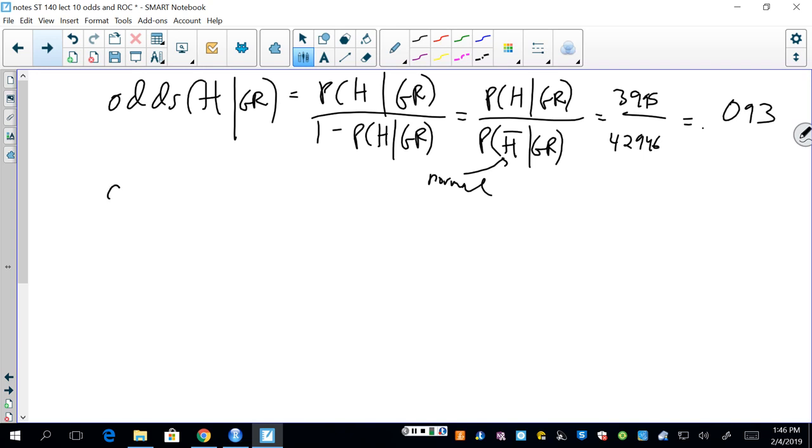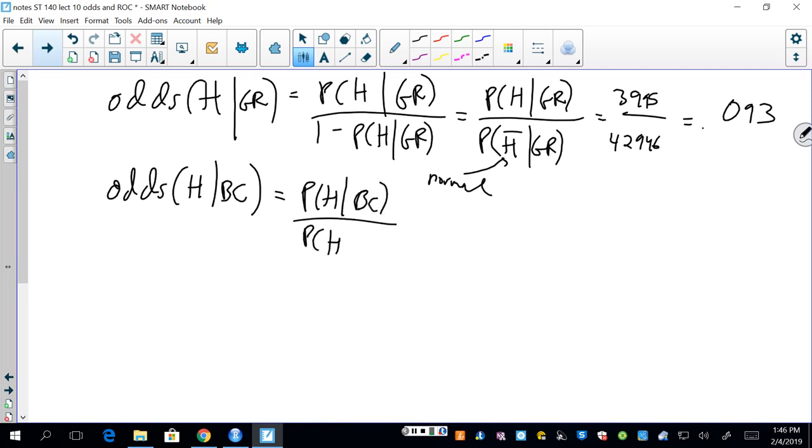The odds for the hip dysplasia among the border collies, right, the formula is the probability of hip dysplasia among the border collies over the probability that we have normal hips with those animals. Is that going to be higher or lower than for the golden retrievers? The probability here is about 0.042.